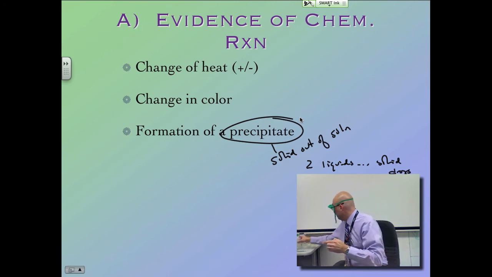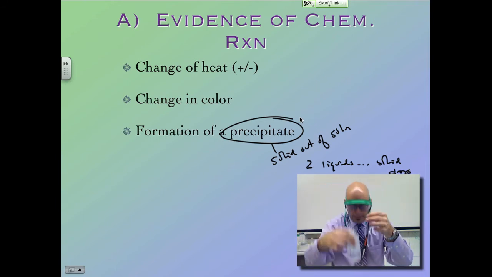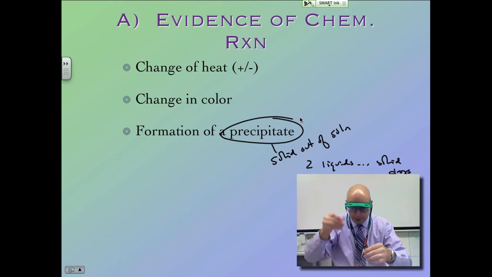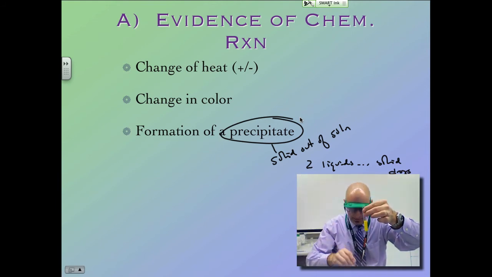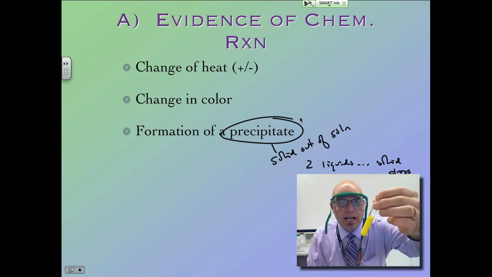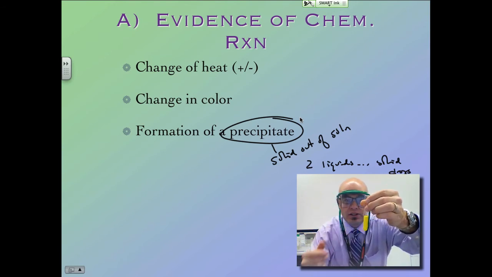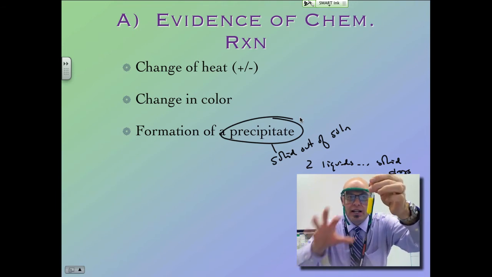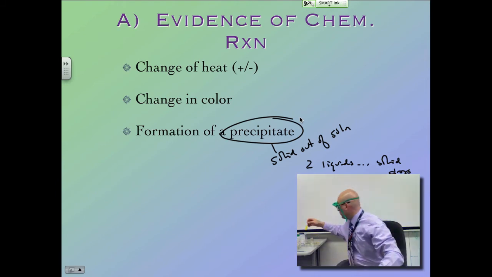And I will put some lead nitrate, another clear liquid, in my test tube. And you can see, I hope you can see, the color change. We can see the bright yellow, but I'm going to let this sit for a little while and you'll see that there's also precipitate. It's difficult to see on the screen, but there are small little pieces of solid particles in here. And if I let this sit for a little while, you'll see it.